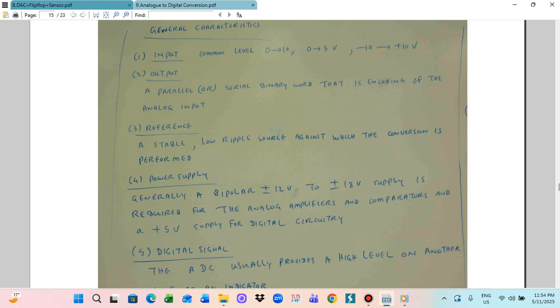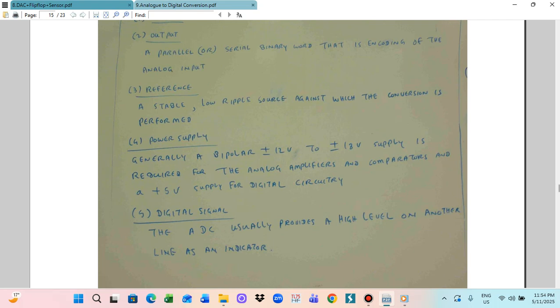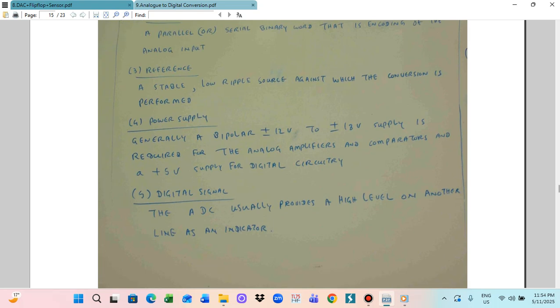The power supply will generally be bipolar, plus or minus 12 volt to plus or minus 18 volt, required for the analog amplifier and comparators, and a positive 5 volt supply for the digital circuitry. The digital signal is that the ADC usually provides a high level on another line as an indicator.